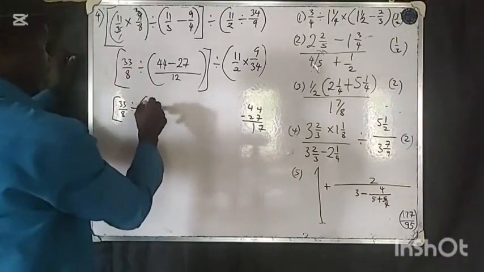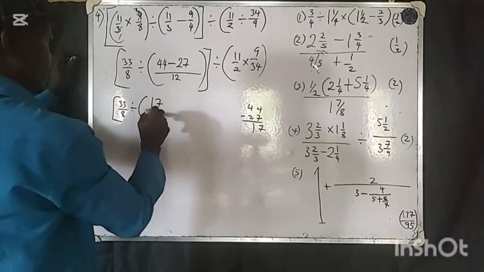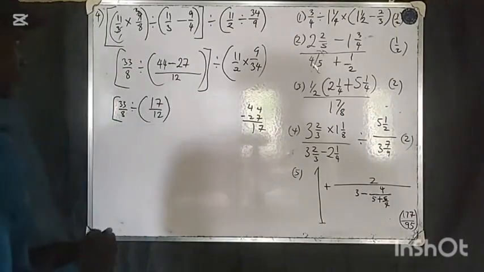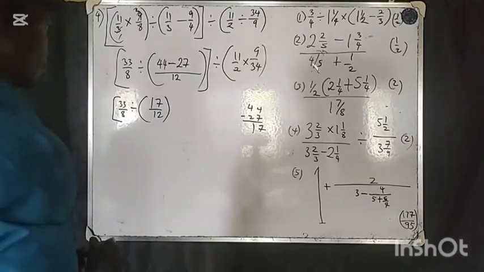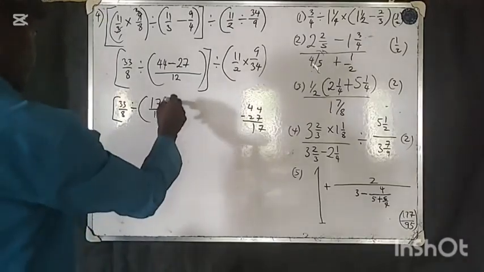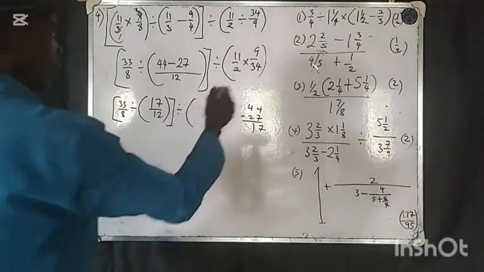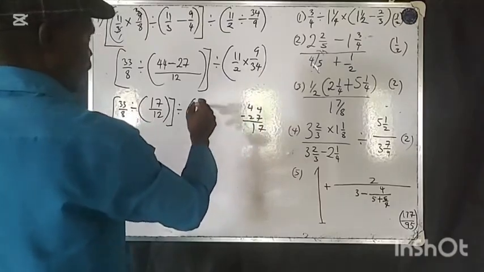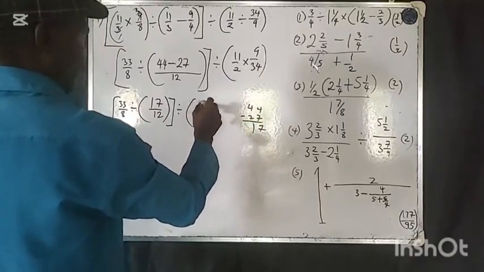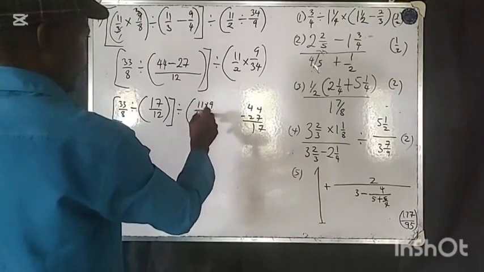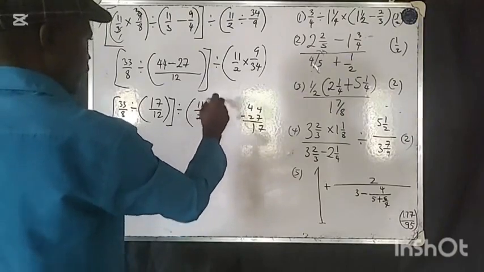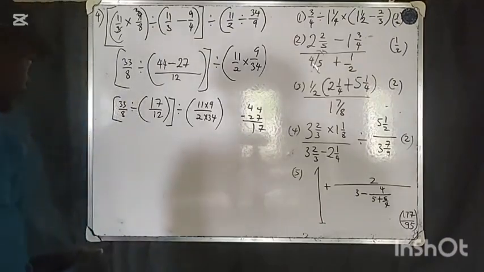That will be 17 over 12. 17 over 12. So all divided by this. What can go here? Nothing. So we're going to have 11 times 9 over 2 times 34 all together.